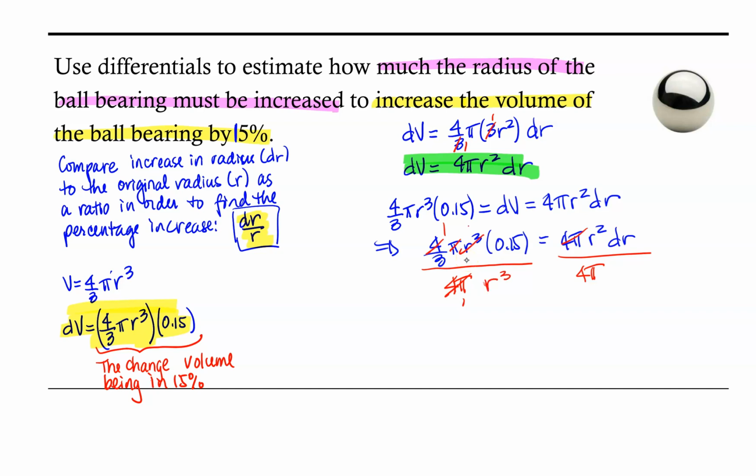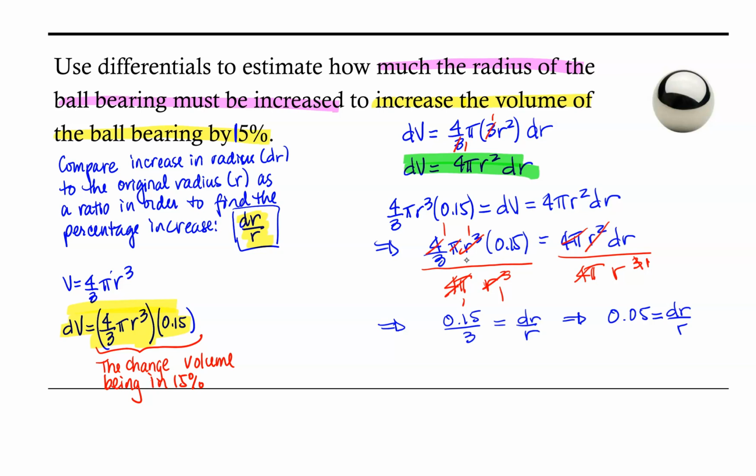So the r cubed will divide out on both sides, and I end up with a dr over r. And so at this point, I've got 0.15 over 3 equals dr over r. And 0.15 over 3, if I simplify that, becomes 0.05 is equal to dr over r.